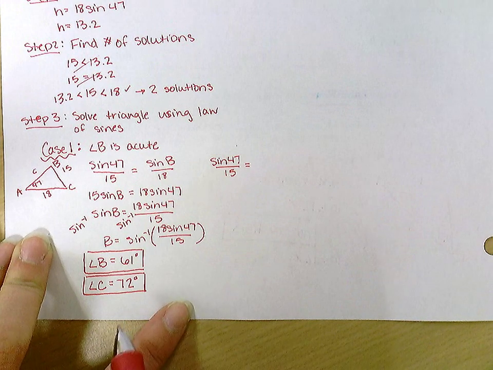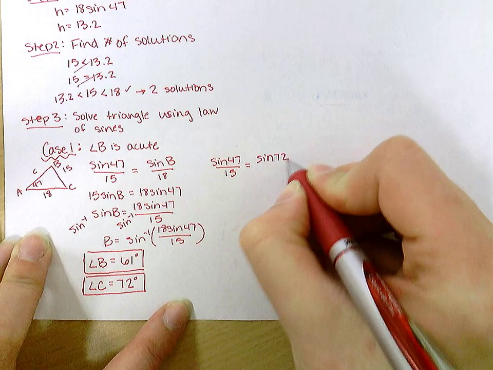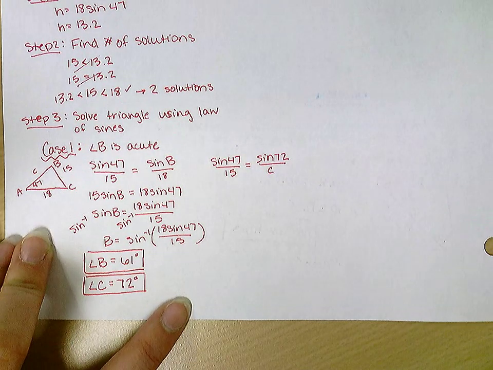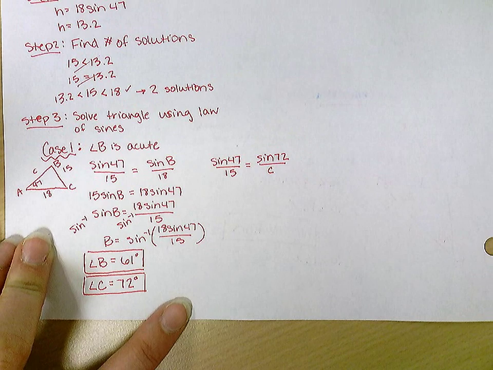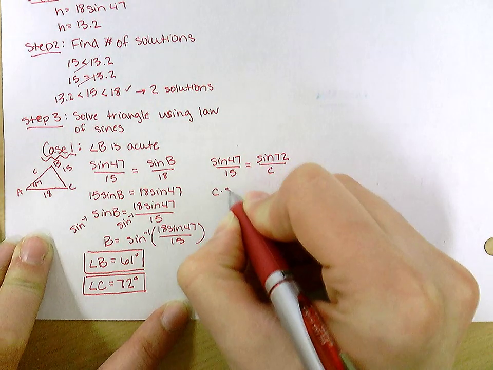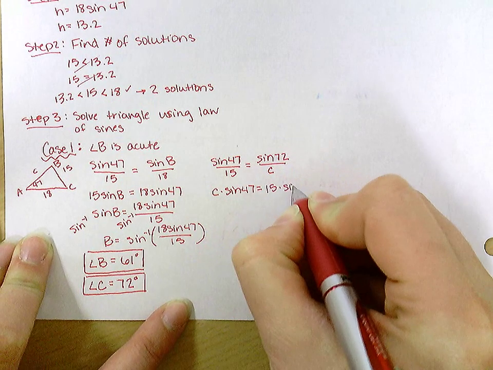Okay, then sine of angle C, 72, over its opposite side of c. Cross multiply. We have c times the sine of 47 equals 15 times sine of 72.